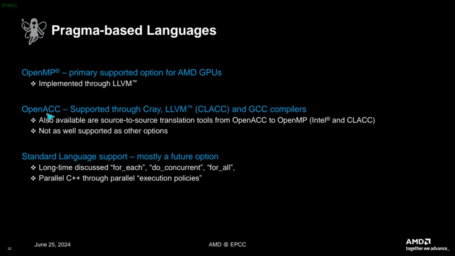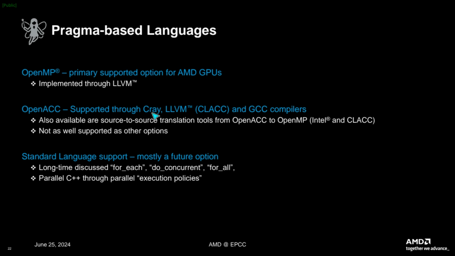OpenACC was the earliest pragma-based language, and originally it was released by 3 vendors that were not willing to wait for OpenMP to come out with their standard. So there were 3 companies that came out with that. That was PGI at the time, Cray, and one smaller company. Right now, that smaller company went out of business. Cray is shifting over to OpenMP in their C and C++ compilers.